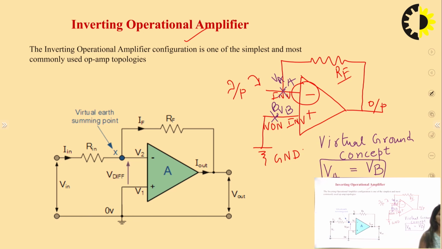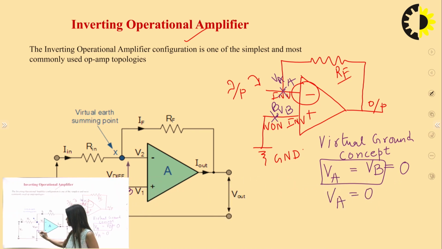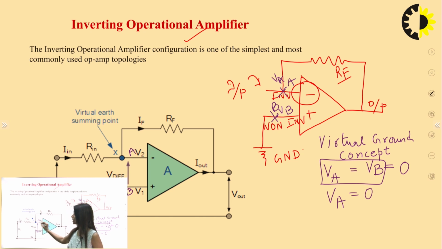This is the ideal op-amp condition, that VA should be equal to VB. In this circuit, the B terminal is at ground, so it is equal to 0 and hence VA is also 0. So A and B terminals are at equal potential, so the voltage difference between these two points is always 0.